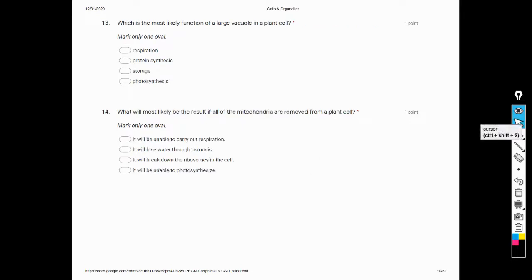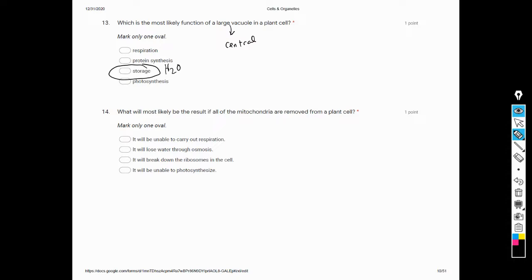Number 13, what is the function of a large vacuole in a plant cell? And so that would be storage, or more specifically, storage of water. And then again, sometimes this is called the large central vacuole. So just to add that extra terminology if you were to see it represented that way.